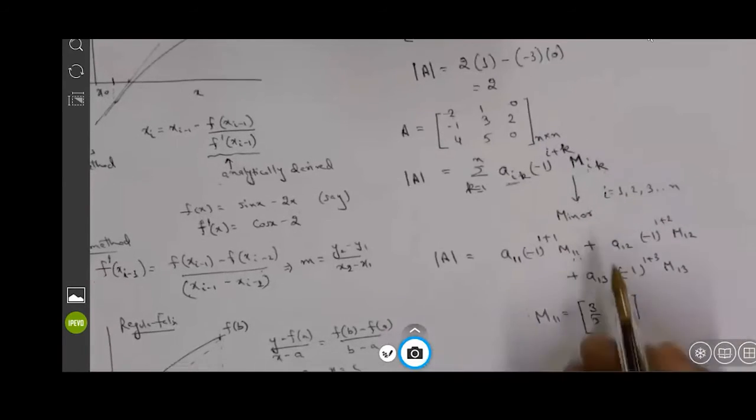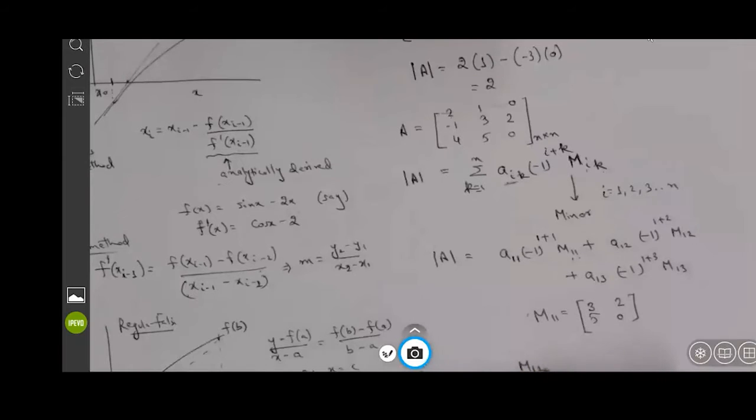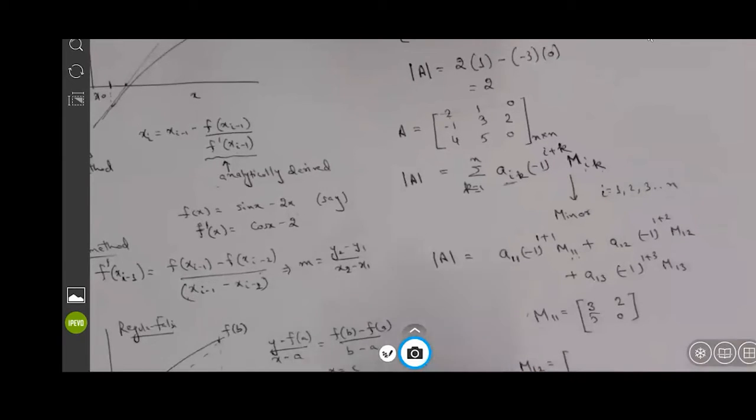M12, can somebody help me to find out what M12 would be? Let me randomly pick a student from the list. Savisa, sorry, I'm not pronouncing it correctly.